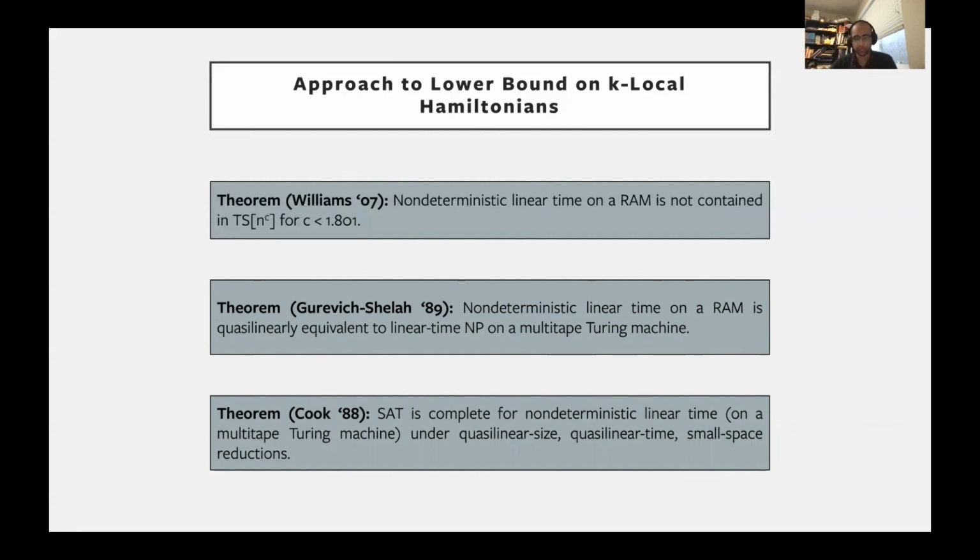So chaining these together, we get that SAT also cannot be in TSN to the C for C smaller than 1.801. So now, how do we lift this to our setting?